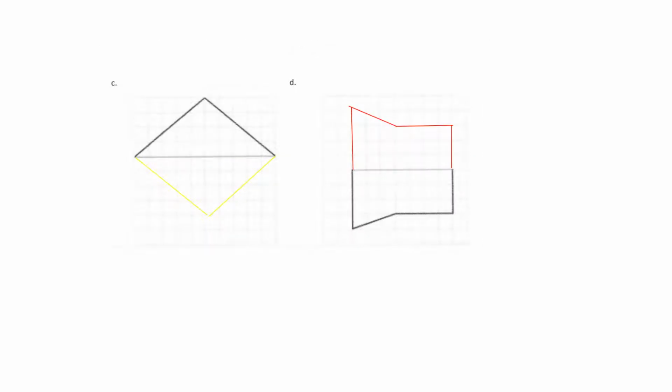I counted 1, 2, 3, boom. So I made sure that these lines were the exact same length and there was the same distance.